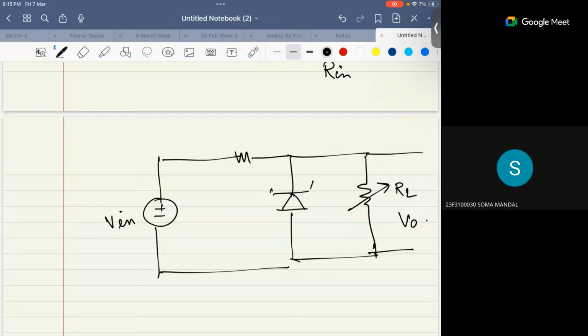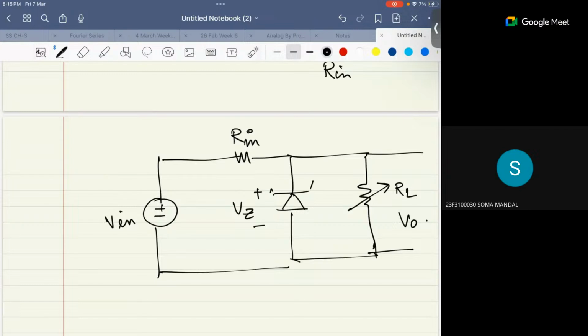So this is R input. This again has a VZ. V input is such that the Zener diode is working in reverse bias with breakdown.